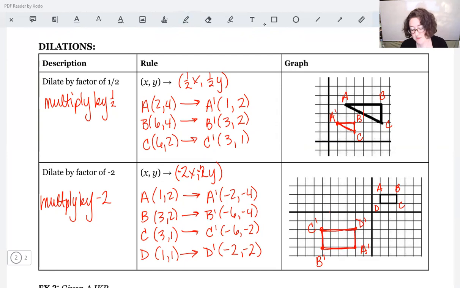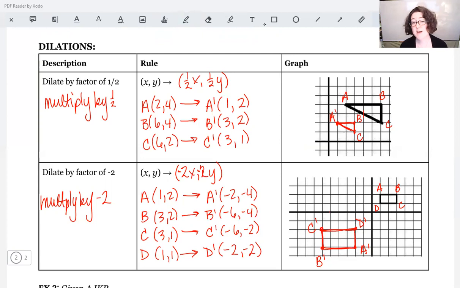D is still the closest to the origin. B prime is still the furthest away. And think about what happened when we were doing our reflections and our rotations last lesson. When we moved things to another quadrant, we had to adjust those negative signs as well to make sure we were in the right placement in our quadrants.